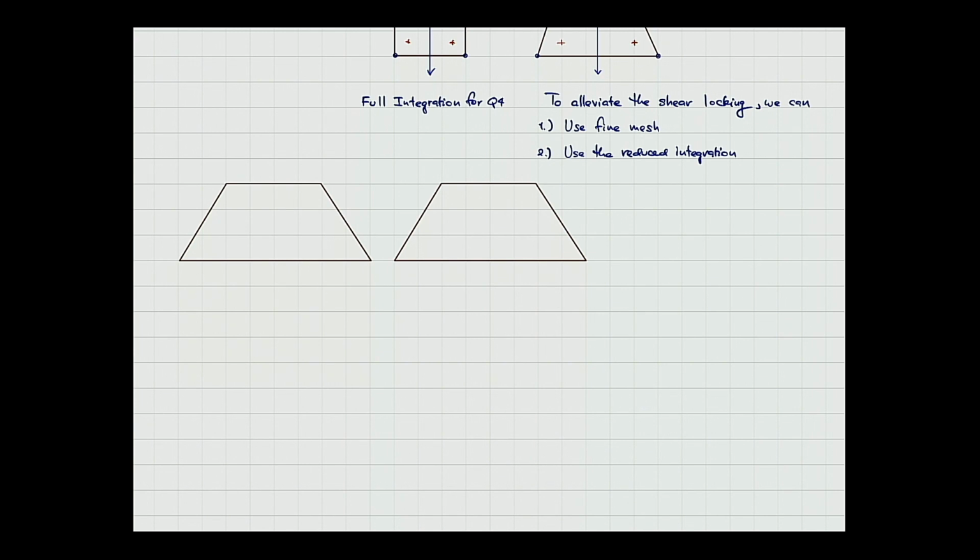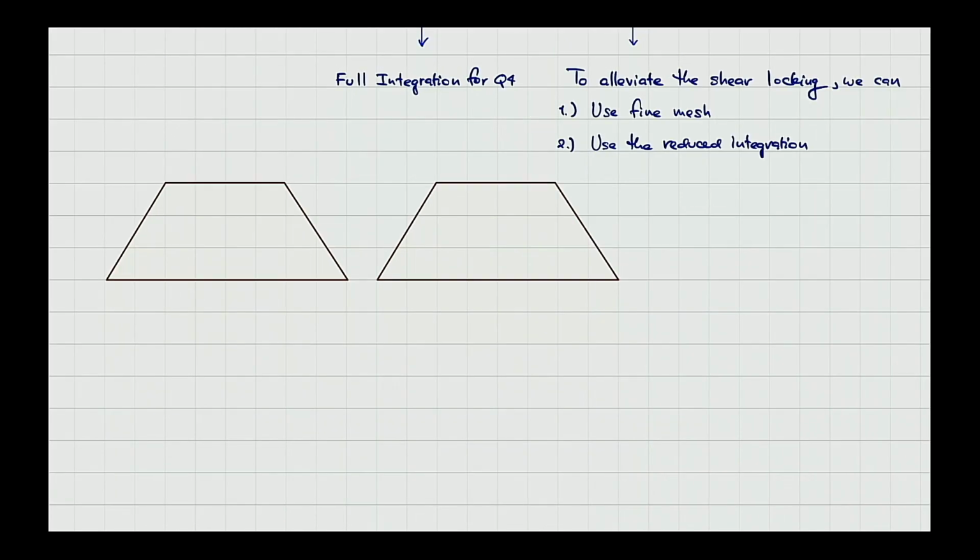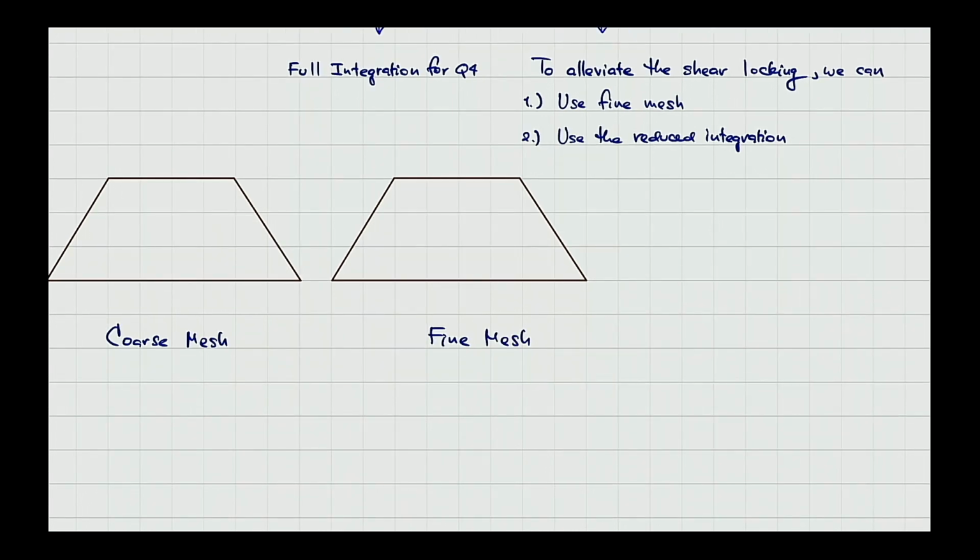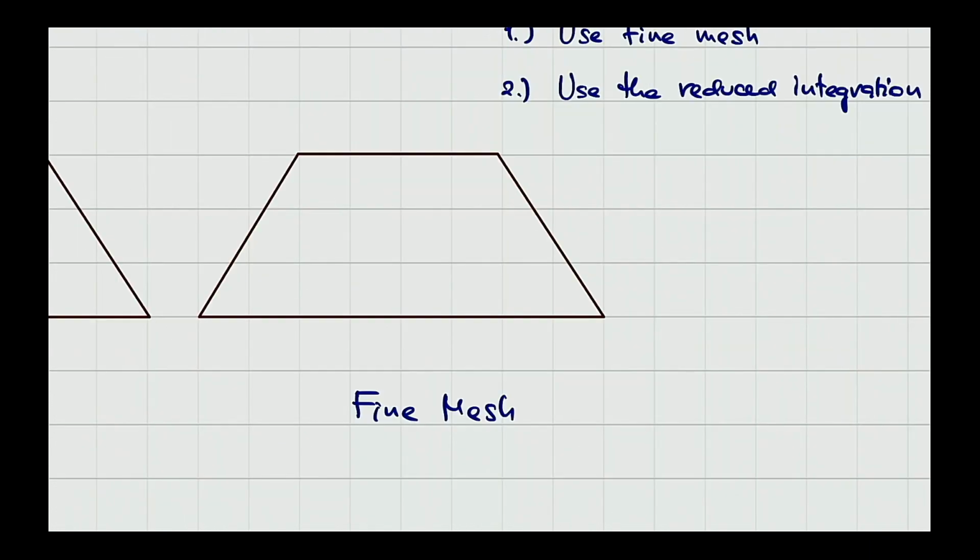Okay, we look at these two. So the first one is just the one single element. So this is the coarse mesh, and the next one is the fine mesh. Due to the nature of discretization, we will end up with the overestimation of the shear strain. So this one, I'm gonna mesh it down this way.